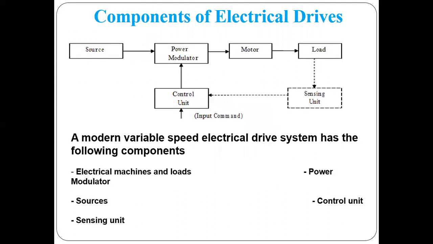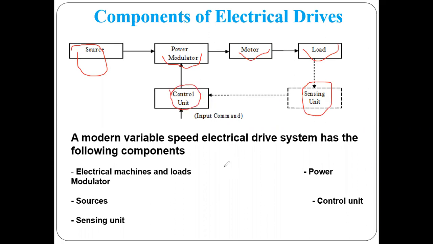Now these are the components of electrical drives, or we can say the basic block diagram of the electrical drive. In that block diagram, you can see here, this is the first block, the source. Then this is the power modulator, then the motor, and the load. And these are the feedback element, the sensing unit, and the control unit.